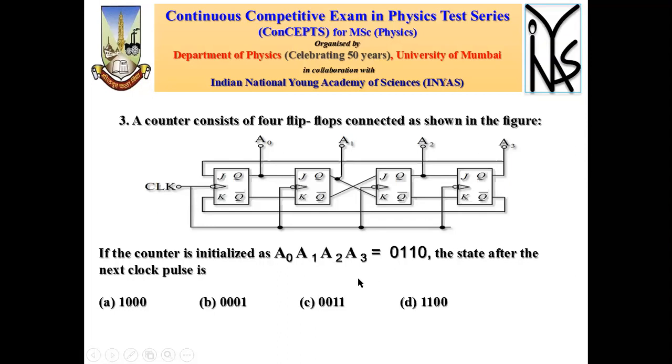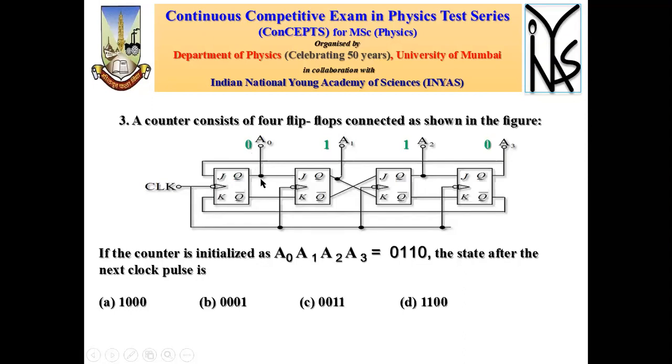You apply some signal to these terminals, given by 0, 1, 1, 0. And then you apply the clock pulse. JK flip-flop is a clocked flip-flop, so when you apply a negative edge clock pulse, it will switch the output according to the input.